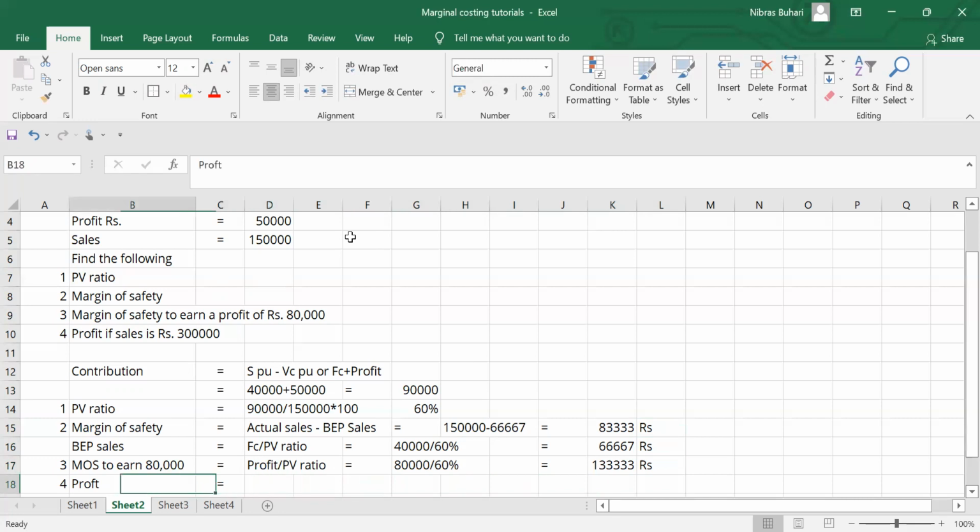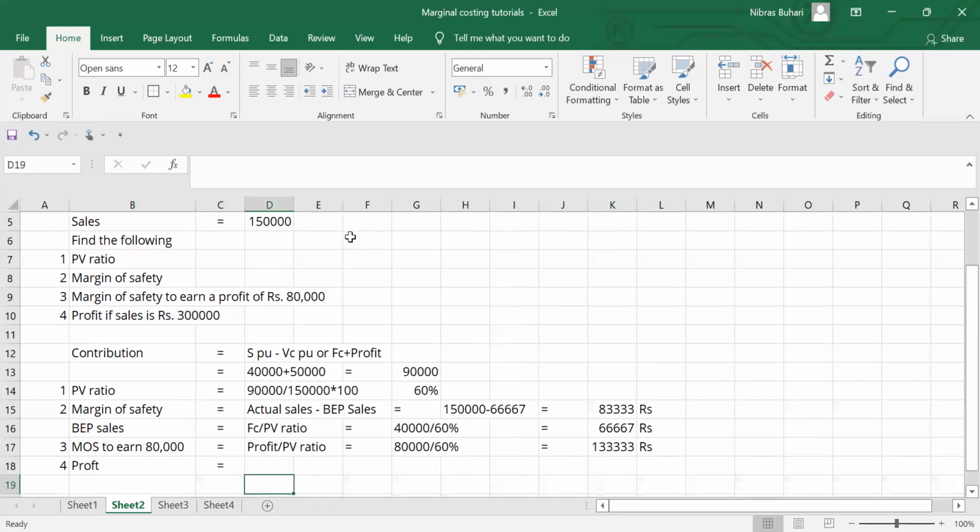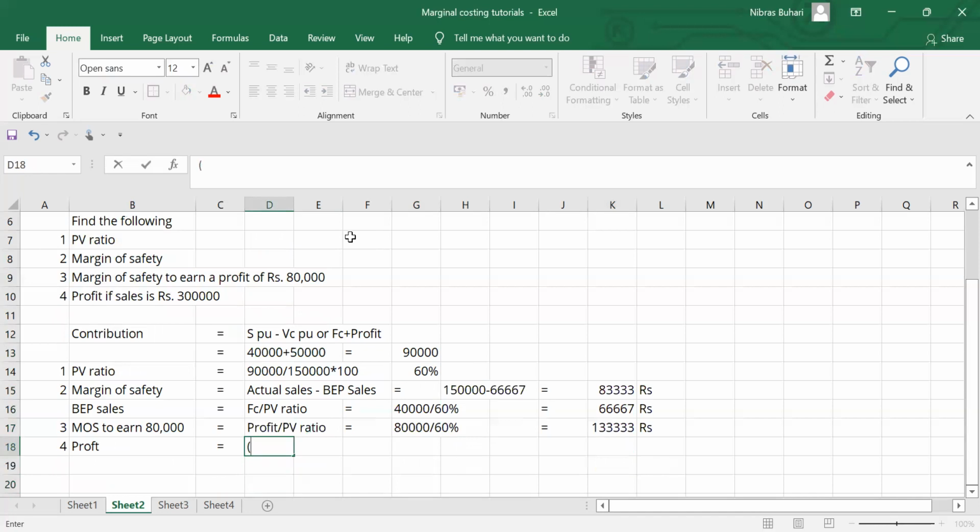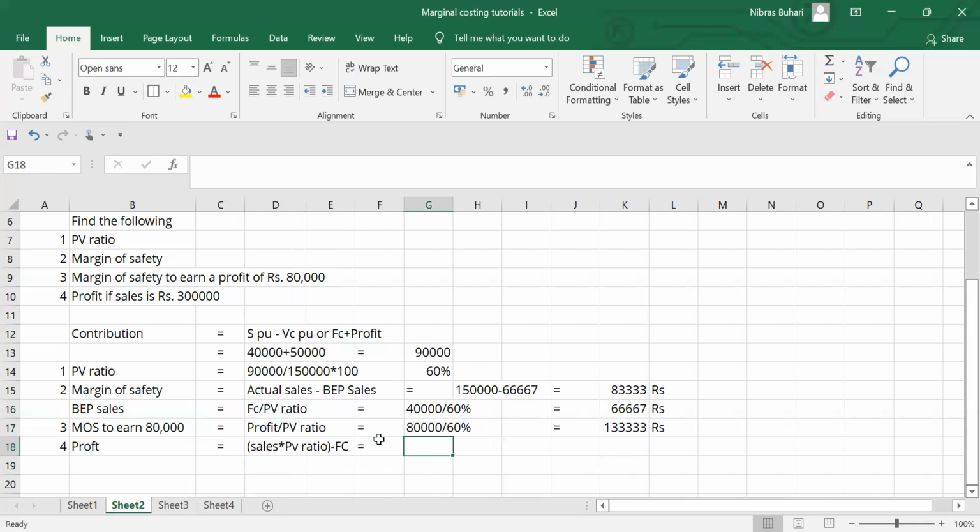Keep that in mind. Profit if sales is 3 lakhs, you're going to find profit, but I've given you the sales. So when the sales is given, take that sales, multiply it by the PV ratio, then subtract the fixed cost, you will get the profit. Your sales is 3 lakhs, your PV ratio is 60%, minus the fixed cost, which is 40,000.